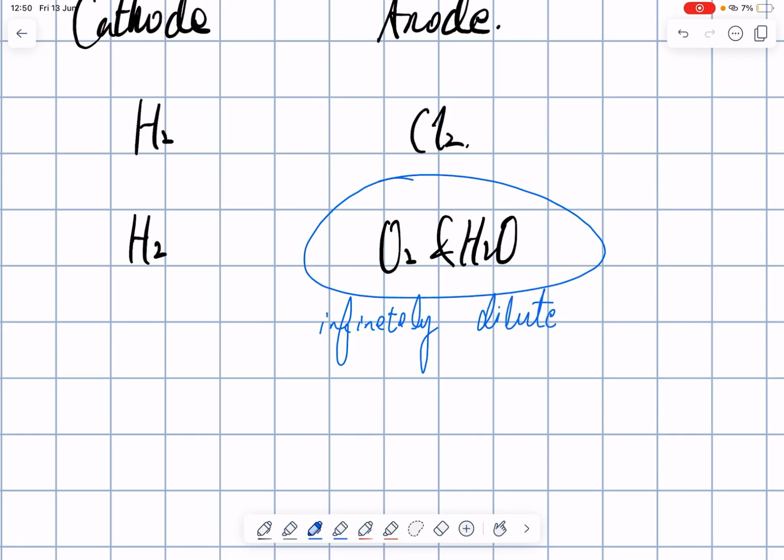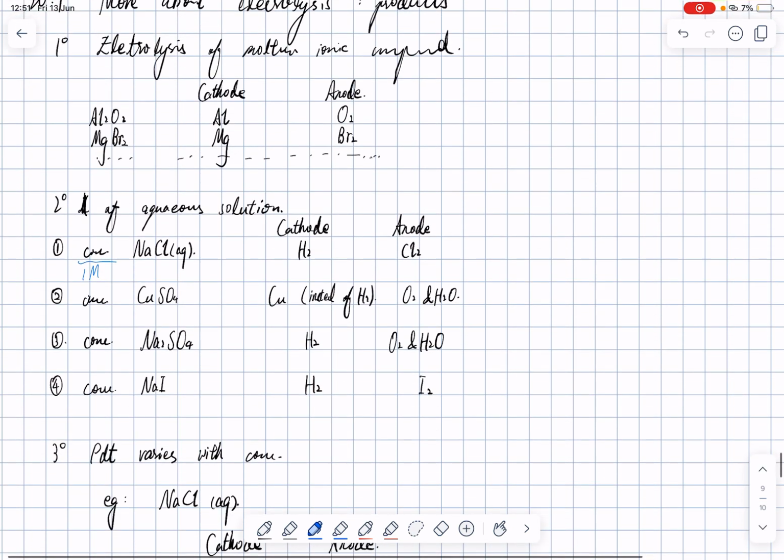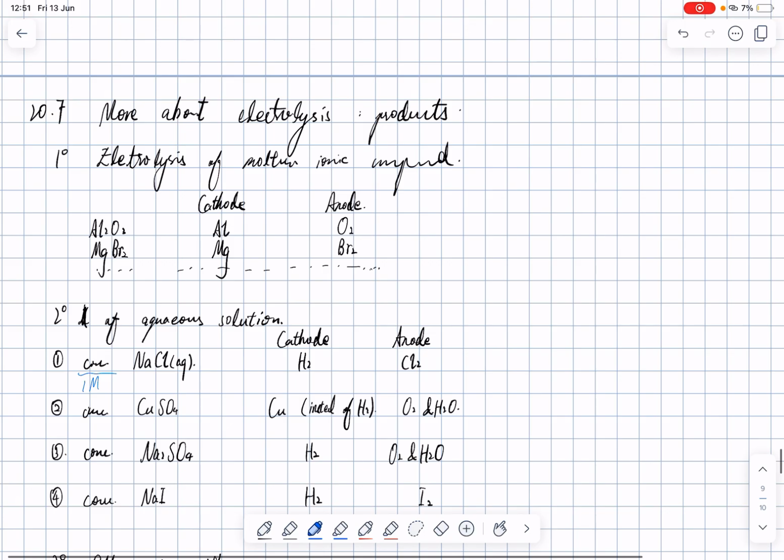In practice, we'll get a mixture of oxygen and chlorine gas at the anode, but if you decrease the concentration of our dilute sodium chloride solution, the proportion of oxygen will increase, and the proportion of chlorine gas we're getting is decreasing. So that's basically it for today.